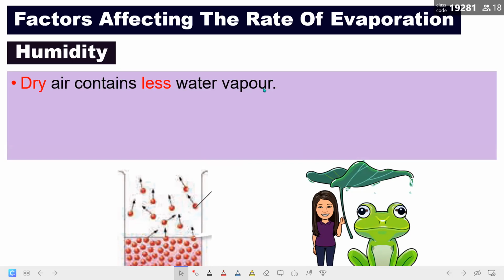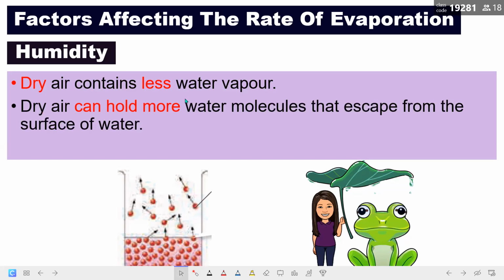Now, for humidity, dry air contains less water vapor. And when we have less water vapor, what happens? So when you talk about humidity, you must remember the air is very dry. I don't have enough water vapor inside. So this dry air can quickly hold more water molecules that are escaping.